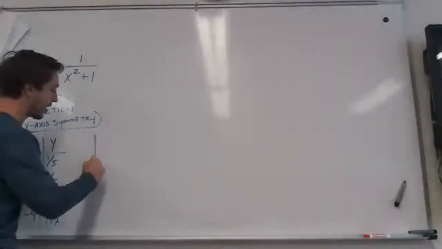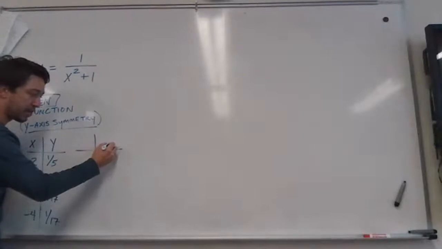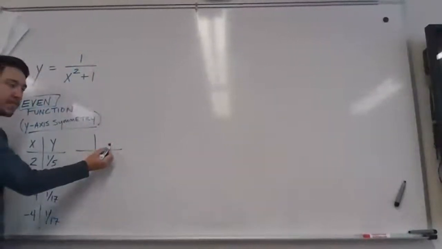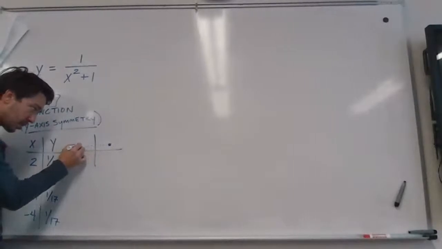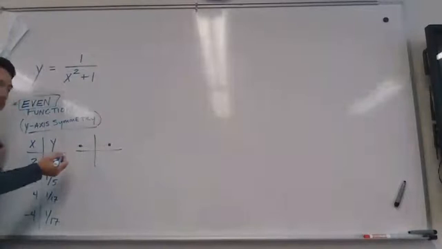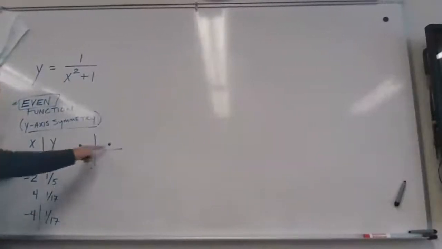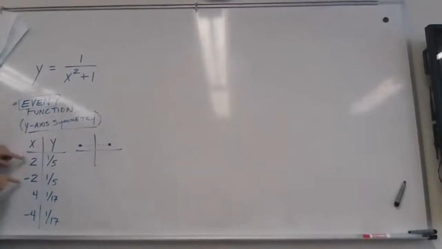That means any point that lives on your graph, so here's some random point, where's his best friend? On the other side of the y-axis. So it's a sort of reflection, okay? For example, this could have been the point (2, 1/5). Now it'll be the point (-2, 1/5). So the big idea is two opposite x values would generate the exact same output.